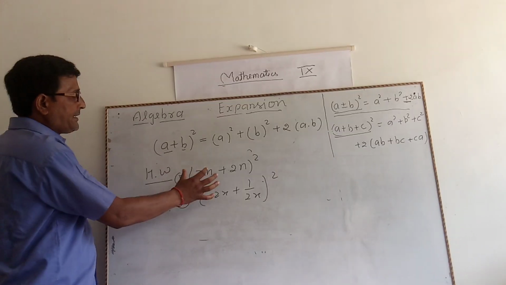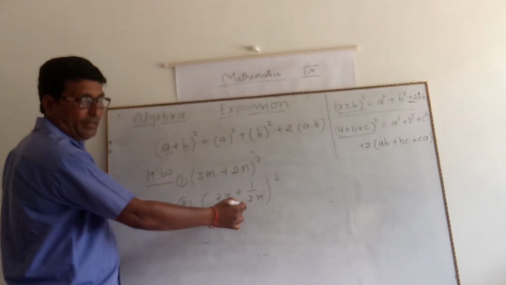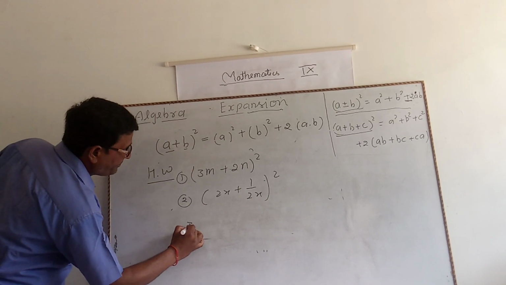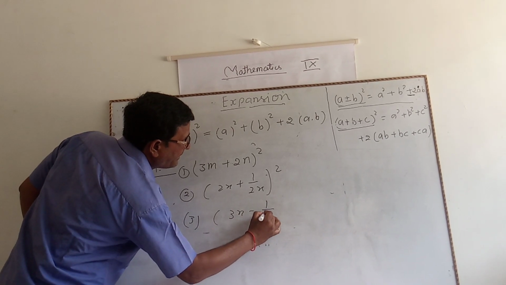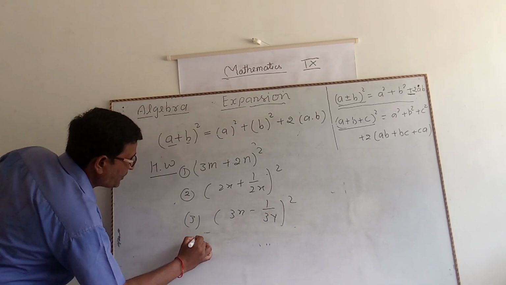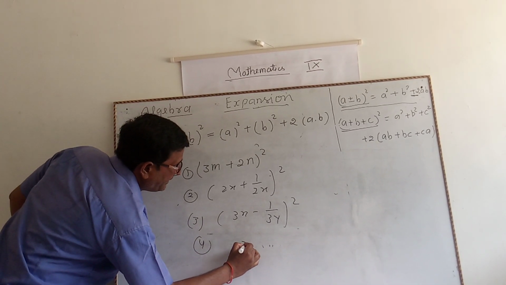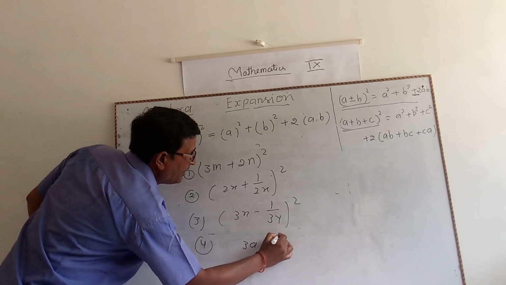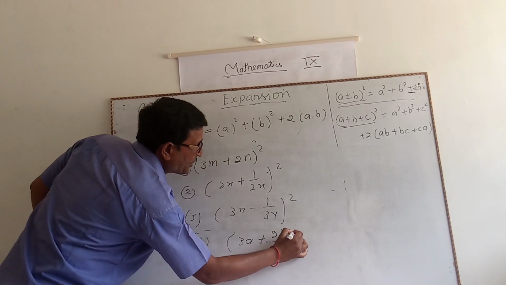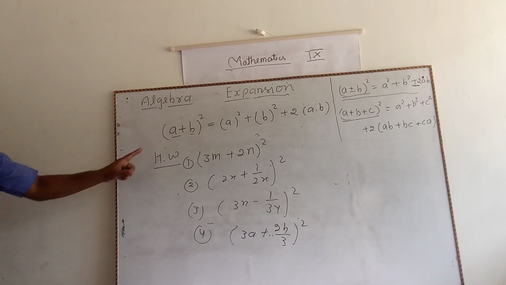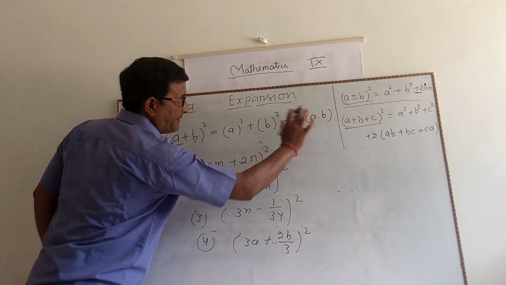Consider only that this is the first term and this is the second term. Don't worry about the fraction part. Now the third one, 3x minus 1 by 3y. Fourth question, 3a plus 2b by 3 whole square. Try to expand these, applying this identity.